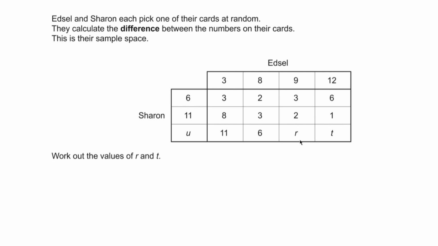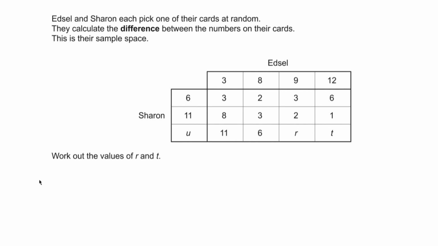So for us to work out the values of R and T, what we would need is the value of U. So something take away 3 is 11.